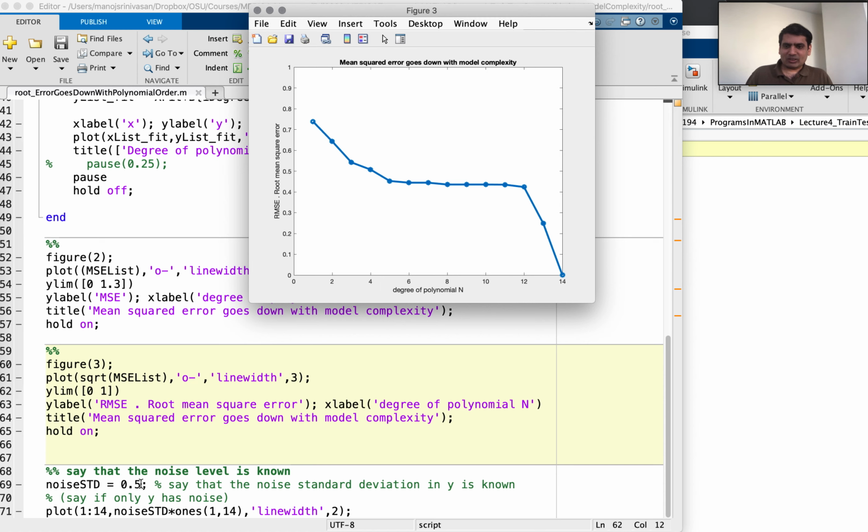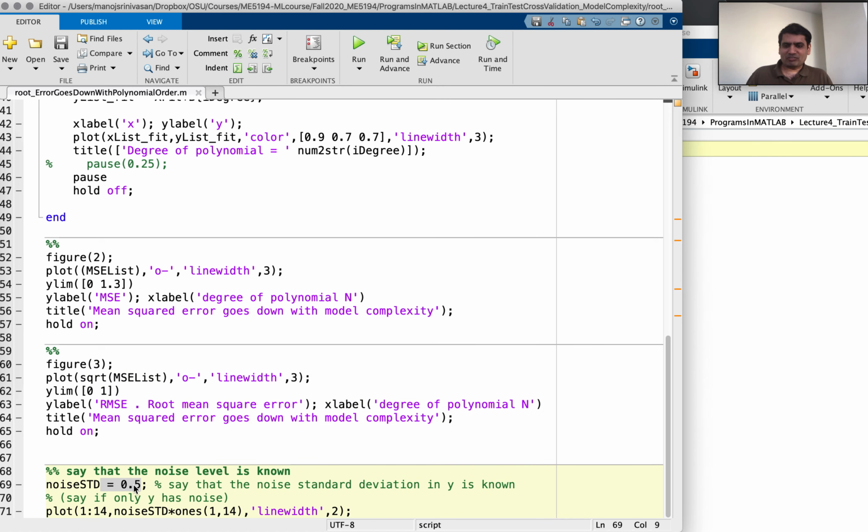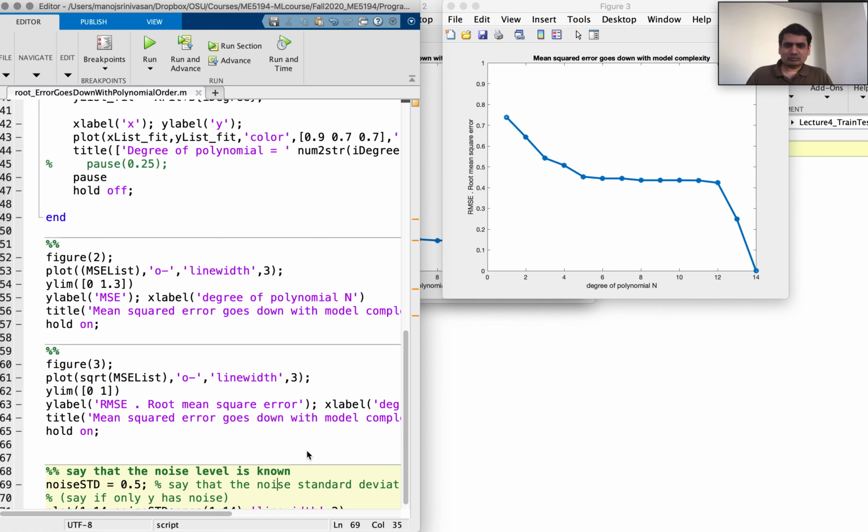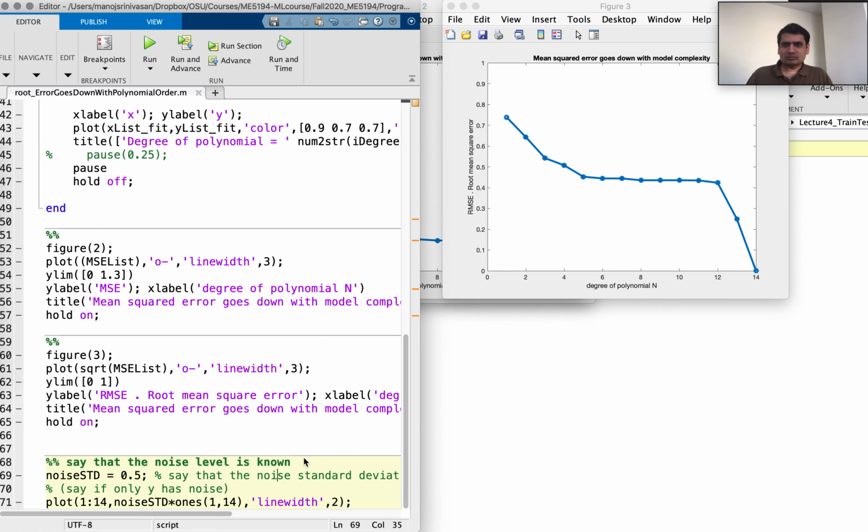And then let's say the noise level is known, and the noise standard deviation is 0.5. What you do is basically plot that noise standard deviation on the same plot. Let me plot that. So that's the noise level.